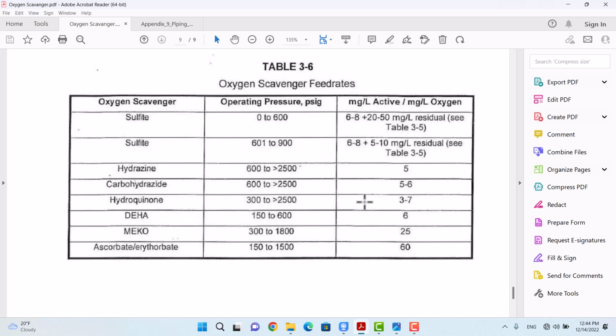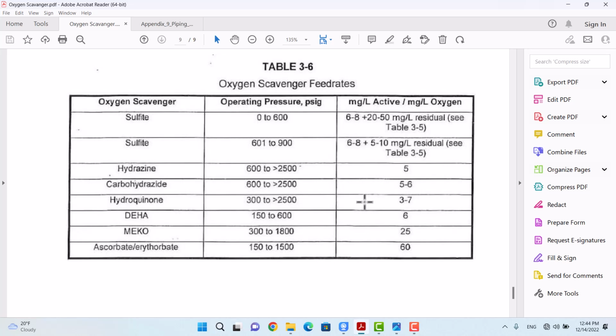Of course, sulfite is used, MECO is used, but among all of these oxygen scavengers that have been listed here, carbohydrazide and hydrazine are used mostly, and it has become common practice to use them as the oxygen scavenger in water systems.